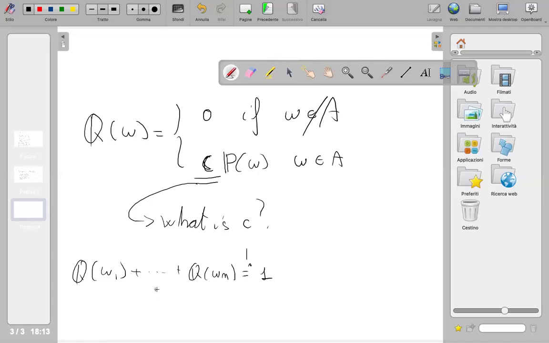This is equal to C P of omega 1 if omega 1 is in A, and so on. So it's easy to check that this is equal to the sum over omegas in A of P of omega times C, which is equal to C times the probability of A. Do you have questions concerning this equality?